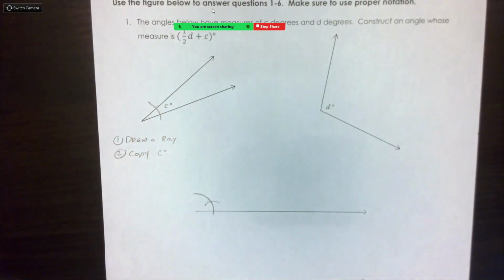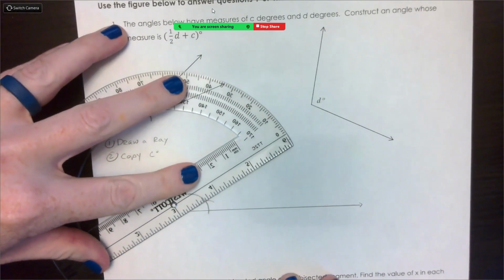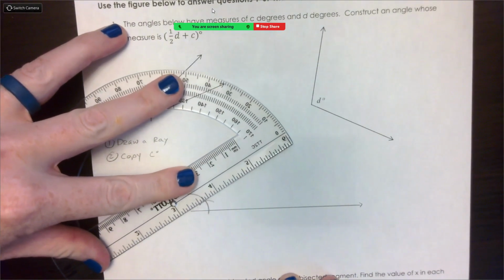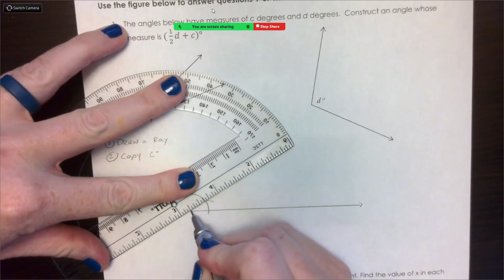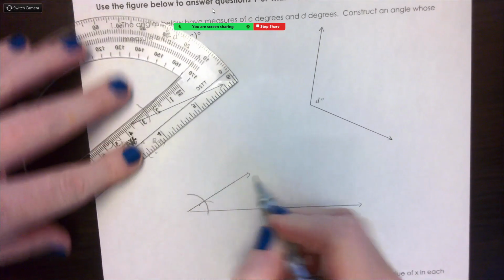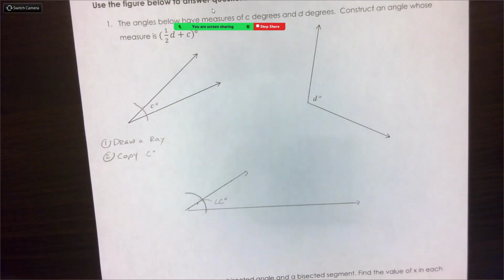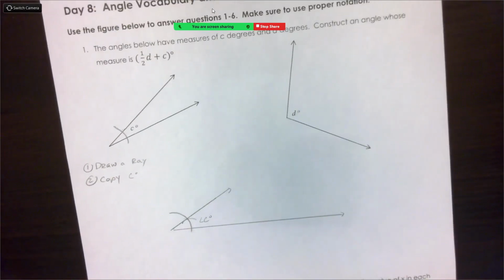Where those two arcs intersect, I'm going to put my straight edge at the edge of the ray and where those two arcs intersected. So right now what we have created is angle C. We wanted to copy angle C and we've done that.